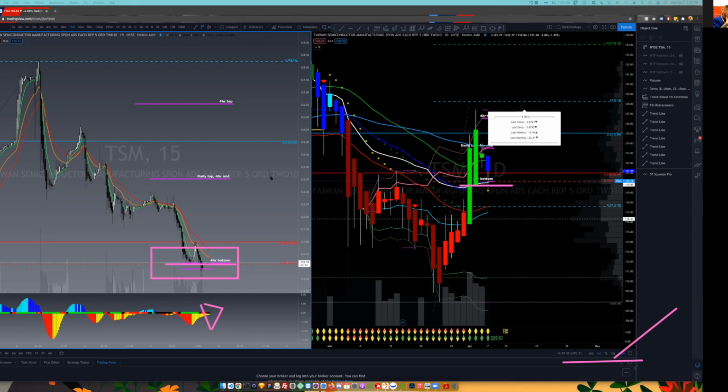Just need to figure out where we want it to go. And really, I don't see why this wouldn't go back to 128. It's got a $3 ATR move. Give it a couple days. It could potentially see 128 by then. Let's do this. Cool.